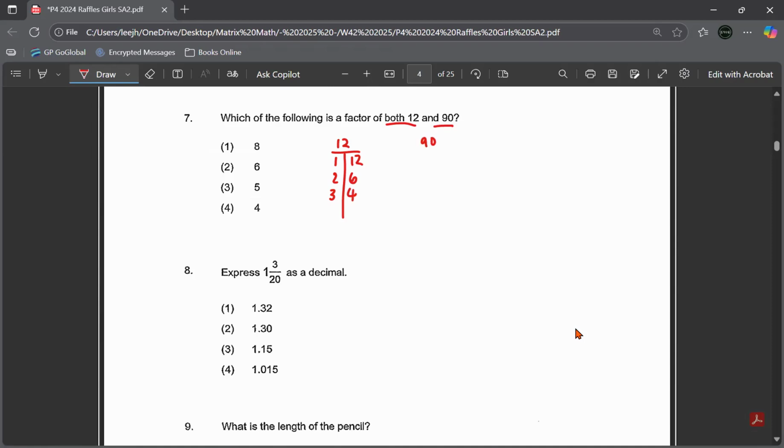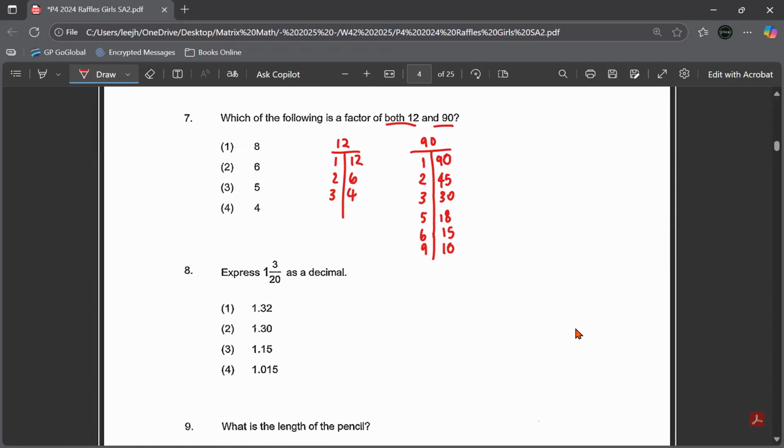Now factors of 90: 1 and 90, 2 and 45, 3 and 30, then 4 cannot, so it's 5 and 18, 6 and 15, and the last one will be 9 and 10.